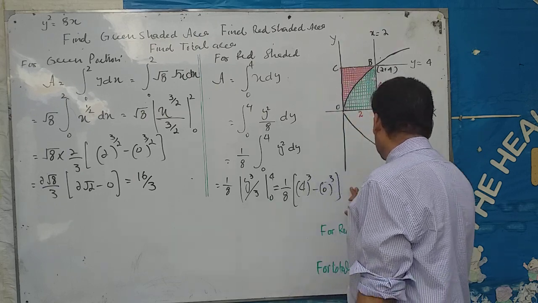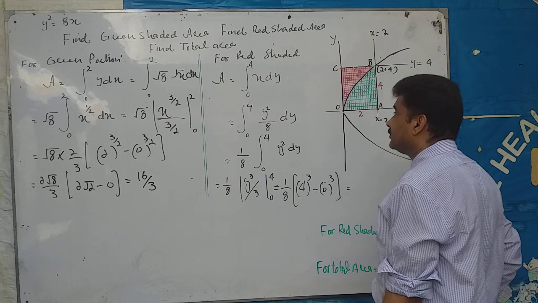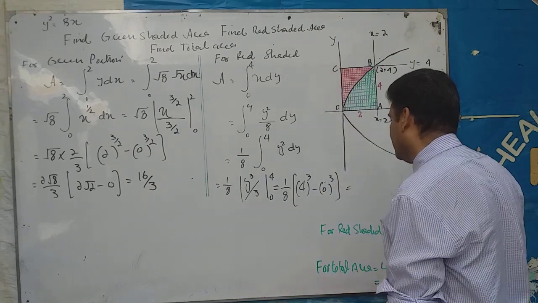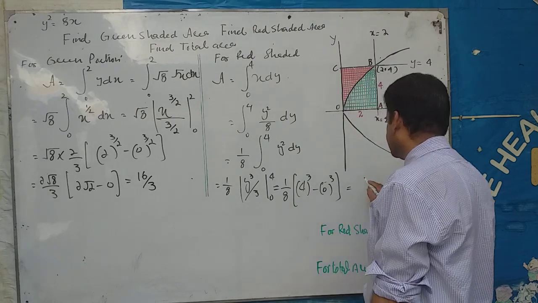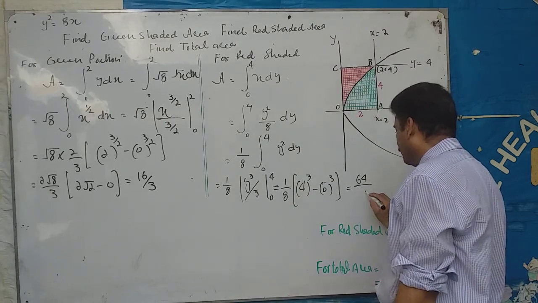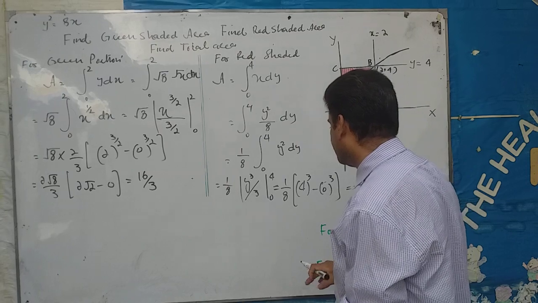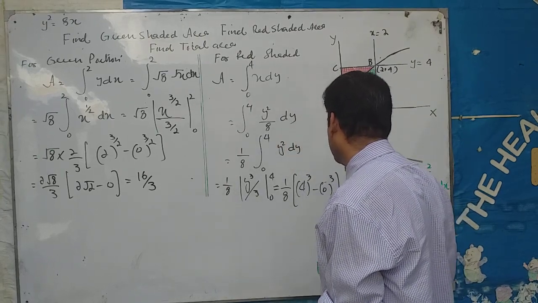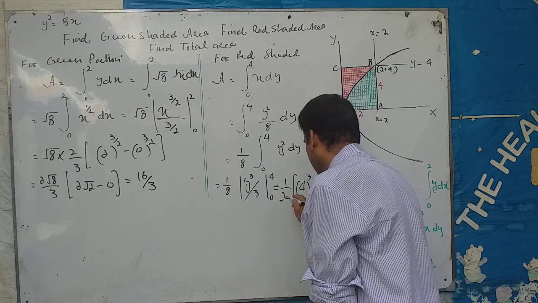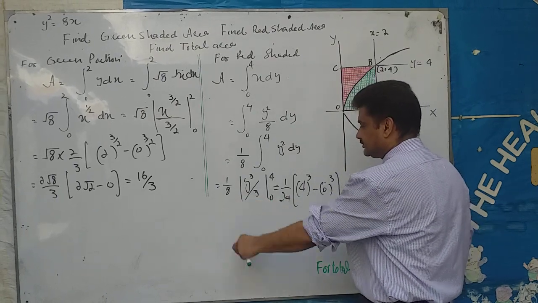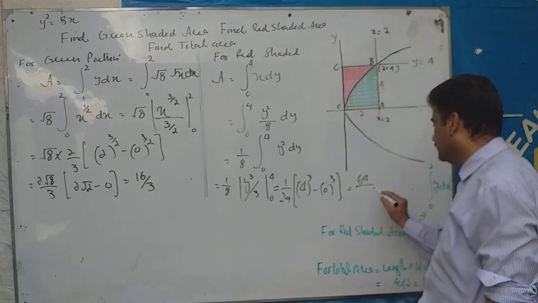The red shaded area will be equal to 64 by 24.